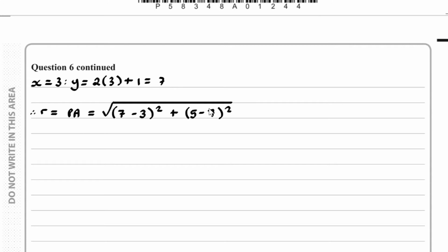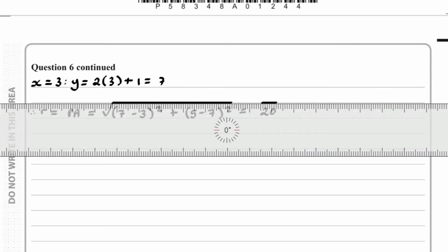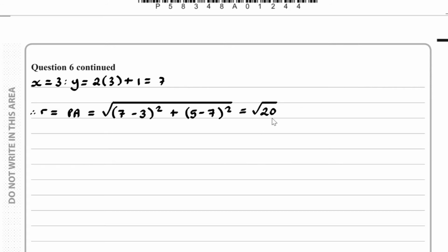And so if I work out what the radius is, it turns out we have the square root of 20. And knowing that the radius is the square root of 20, we know what the centre is. We can therefore conclude our circle has equation x minus 7 squared plus y minus 5 squared equals 20.